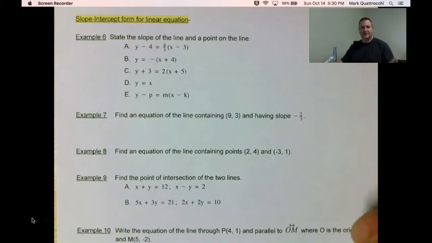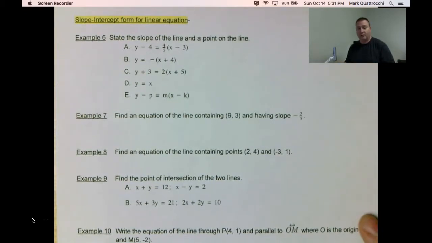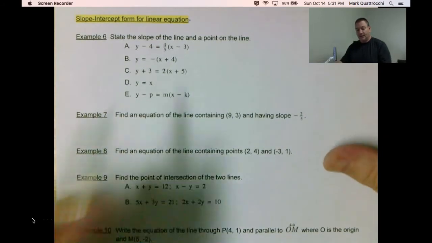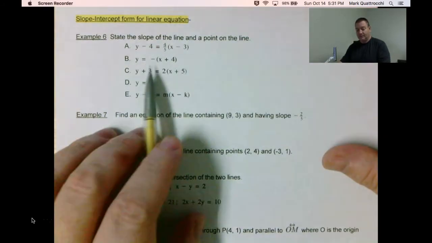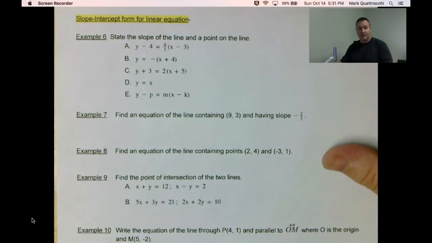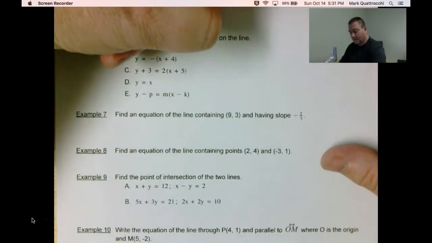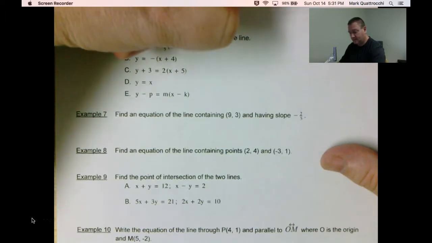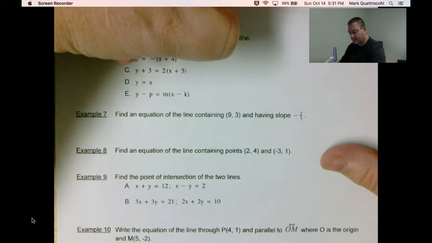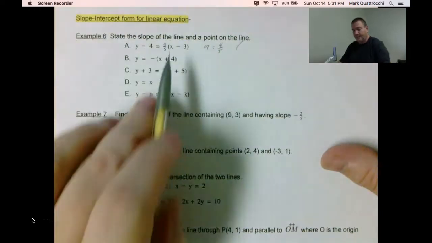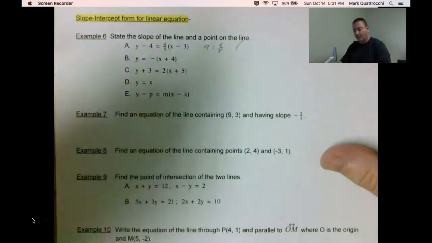Example 6. State the slope of the line and a point on the line. So luckily, part A and B and C are all in point slope form. So stating the slope, m is equal to 4/5. And we have the point 3, 4.